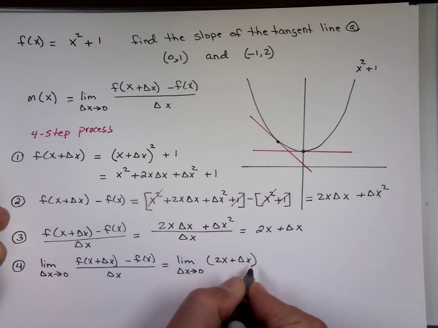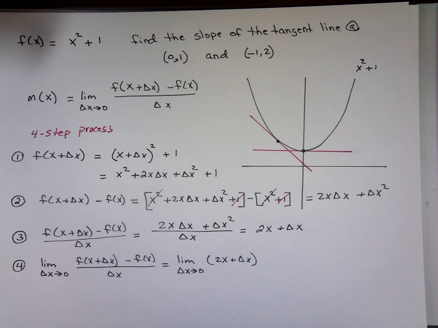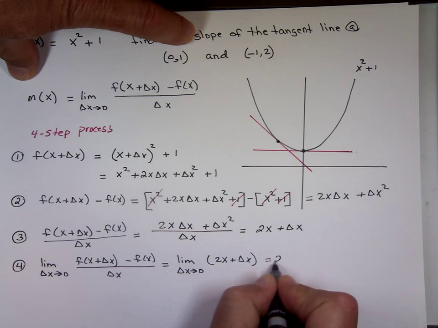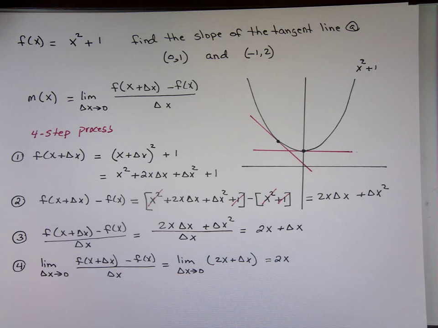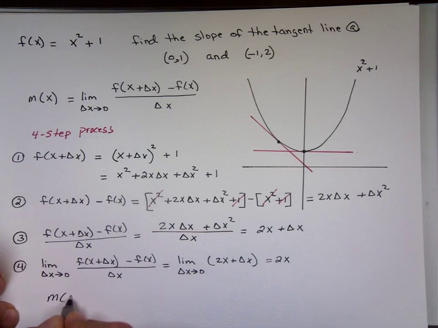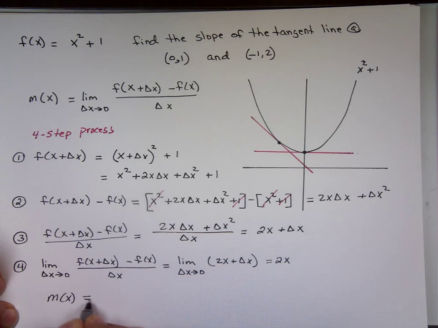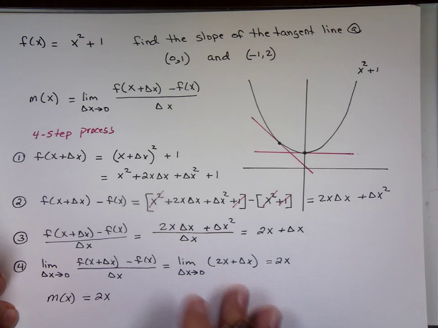Now replace delta x with 0. What are you going to have? 2x. So what is the slope as a function of x, the slope of the tangent line? It's 2x. Now you tell me where you want it, and I'll give you the answer.